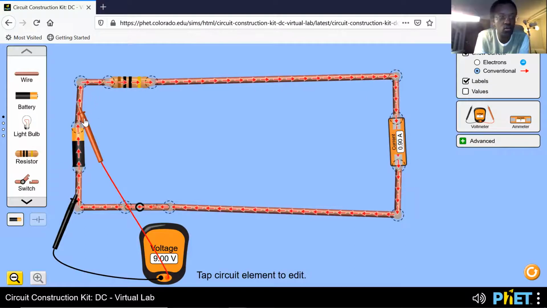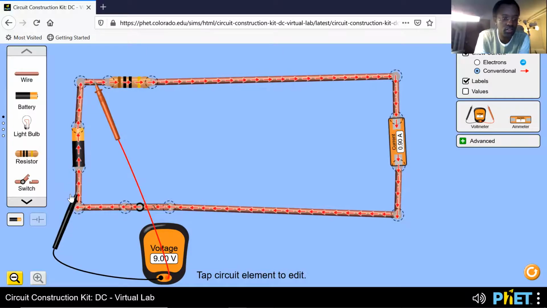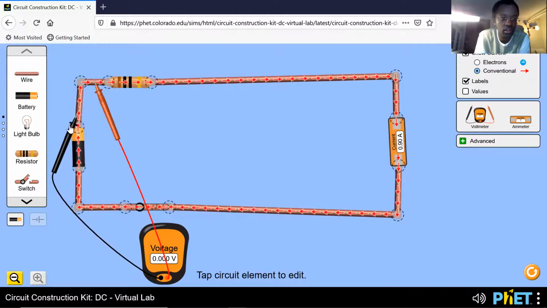But then, let me move this, from here to here, you see that the voltage is the same as potential difference. The potential difference is 0 because we are assuming the wires have no resistance to current. So the electrons are not losing their energy when they are flowing through these wires, okay?